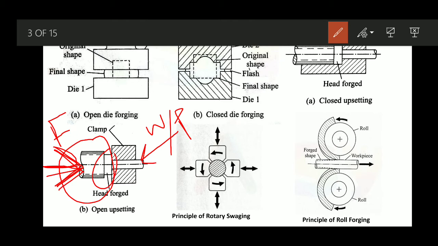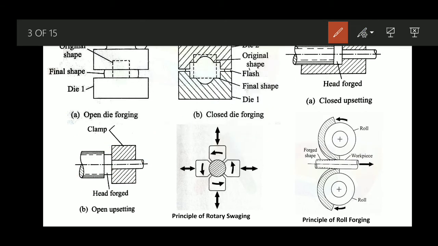As we have applied the clamping here, this face of the clamp also acts as the barrier to the flow. Here, at this portion, the head of this bolt, or another product of that kind, is generally the forged part. In the head portion the cross-sectional area is more, but in the side portion it is less.